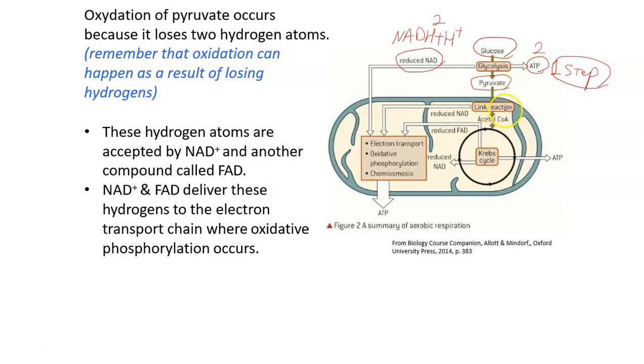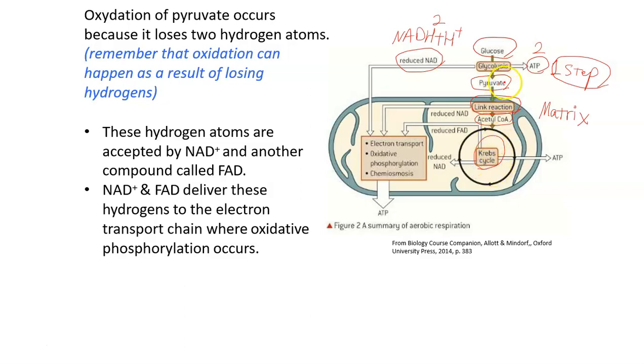There is a link reaction which is here. We are going to talk about what this link reaction is, which ends up with the production of acetyl-CoA. And this happens in the matrix of the mitochondria. And then acetyl-CoA will enter the cycle which is called Krebs cycle.